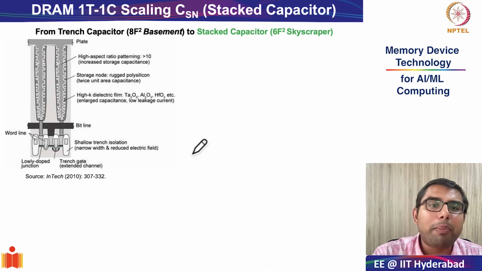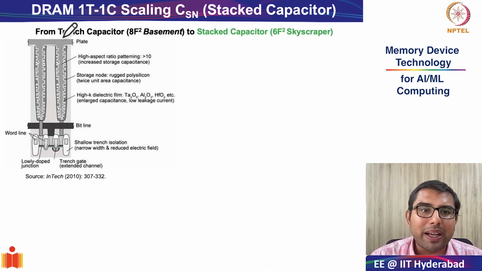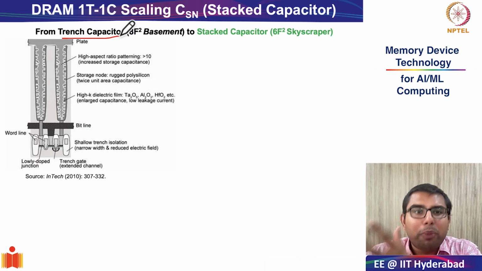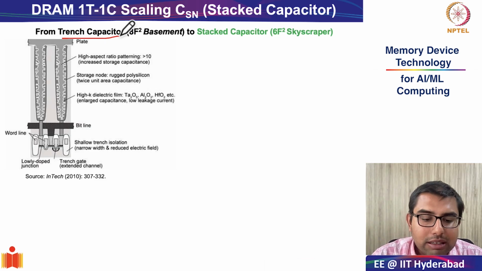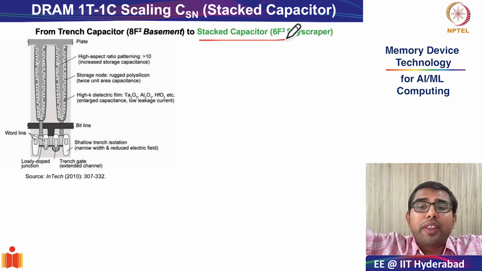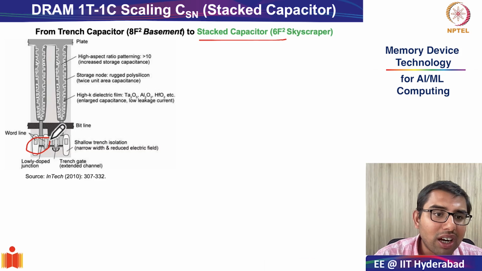So in the stacked capacitor model, the best way to understand is that the trench capacitor was more like basement parking, right? So you have your house, and slightly shifted to it is your basement parking, where you have to go underground and park your car. Whereas your stacked capacitor model is like you park your car above, on the roof of your head. So in this case, you remember in the previous slide we saw this was the cell access transistor, and your trench capacitor was somewhere over here.